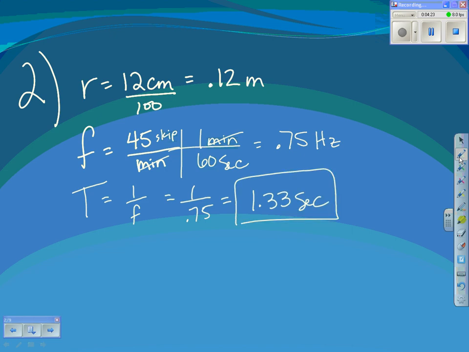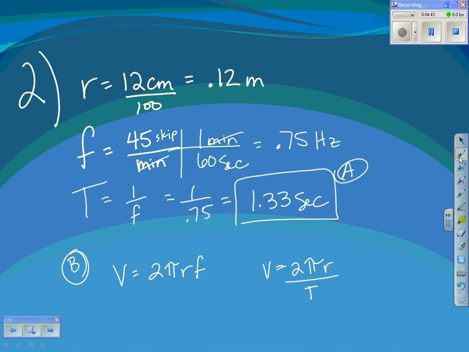So this was A. For part B, it wants us to find the linear speed. Well, the linear speed is going to be V equals 2 pi R F, or we could use V equals 2 pi R divided by T. Whichever formula you like, or whichever one's easiest for you, works. With this, I used the second one just because.